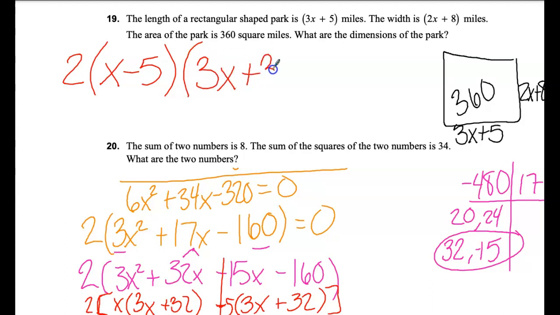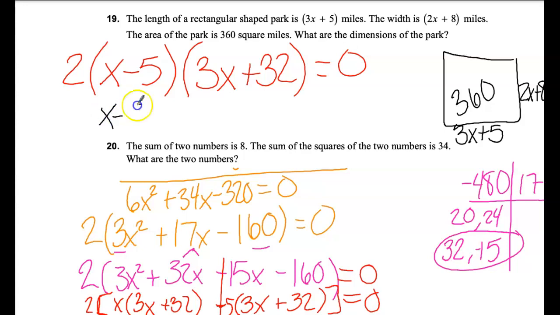You're not done. That still all equals 0. Still not done. So now, to get the dimensions, I have to set what equal to 0? Everything. So x minus 5 equals 0, and 3x plus 32 equals 0.